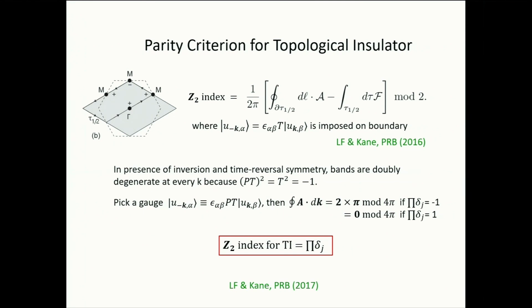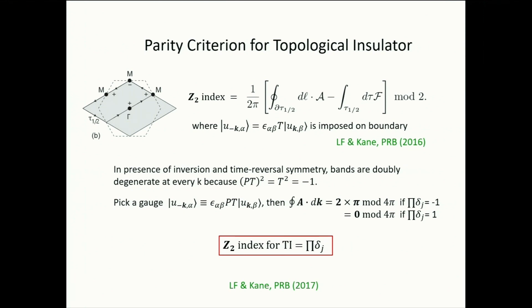Okay. So once you choose this gauge, then just like what we heard this morning, the integral of Berry curvature along a closed path now becomes equal to pi mod 2 pi. But now there are both spin-up and spin-down species, right? So you get pi plus pi, which is 2 pi. So the integral of Berry curvature along this line m gamma n now becomes 2 pi.